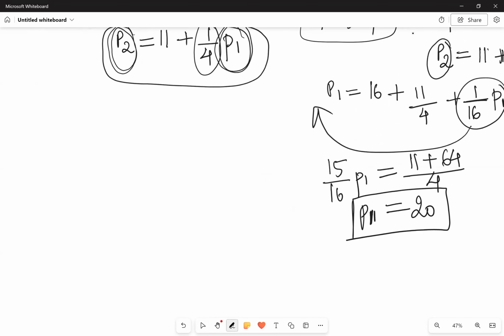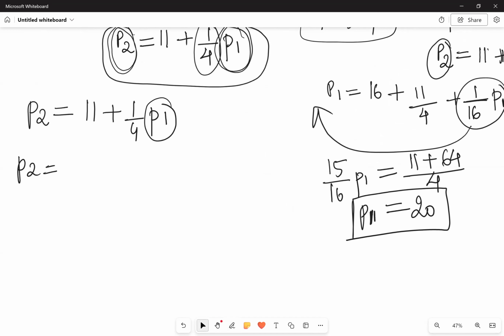Similarly, if we have to find P2, we take its reaction curve, which will be 11 plus 1 by 4 P1. Okay, so when we substitute the value of P1, we get P2 is equal to 11 plus 1 by 4 times 16 plus 1 by 4 P2.